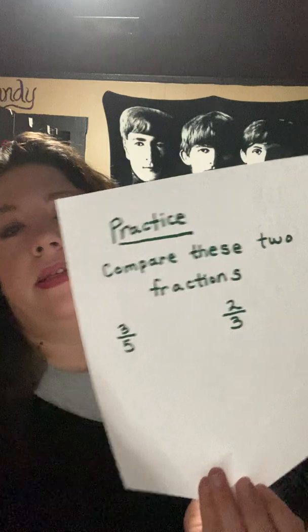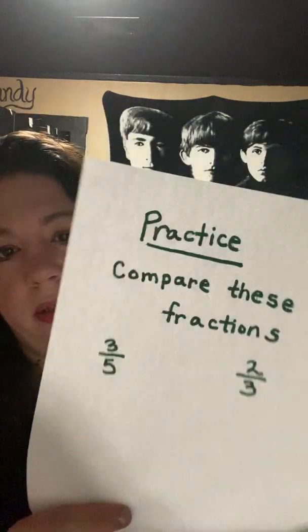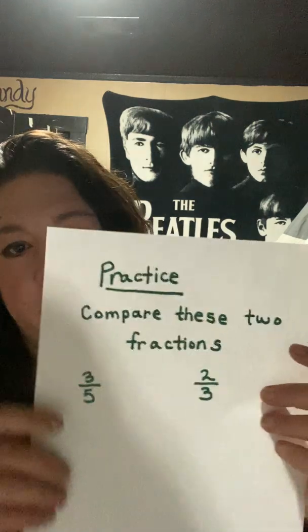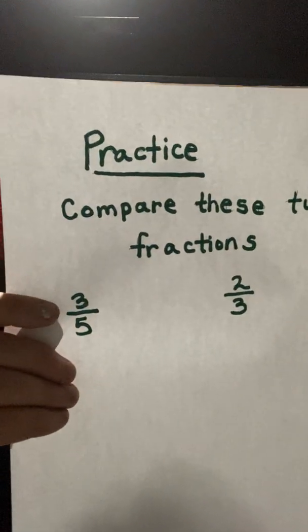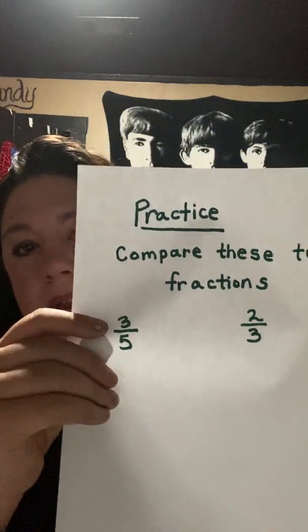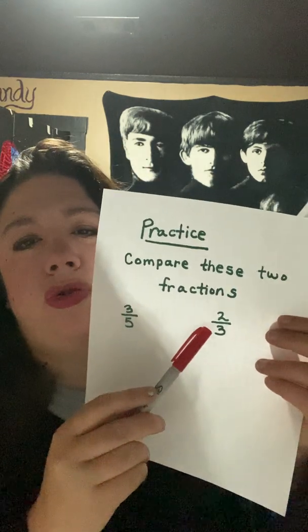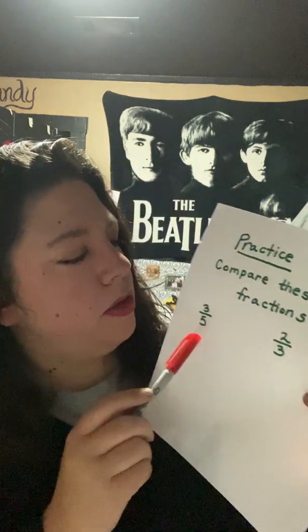Now you two practice. Compare these two fractions, 3/5 and 2/3. You can compare them by using the greater than, less than, or equal sign. We discovered that 2/3 was greater than 3/5.